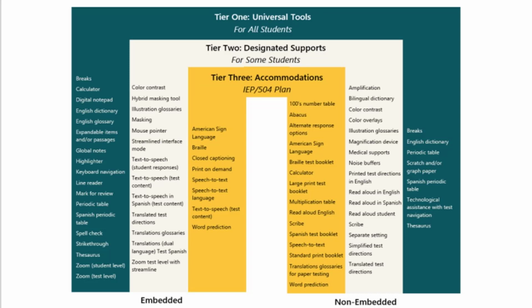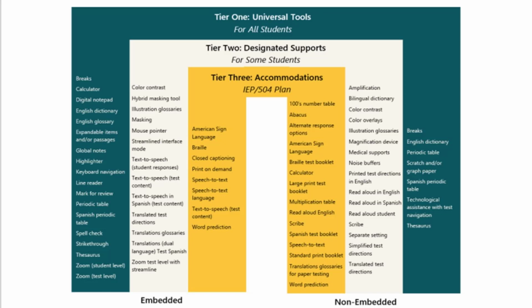Regardless of which tier the support lives in, OSPI will always encourage that districts and educators engage in a process for determining supports with the student voice included in that. And Kara talked a little bit about translations and how we have some different views of that now, right?